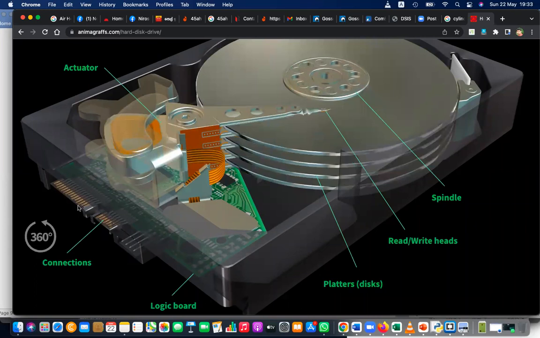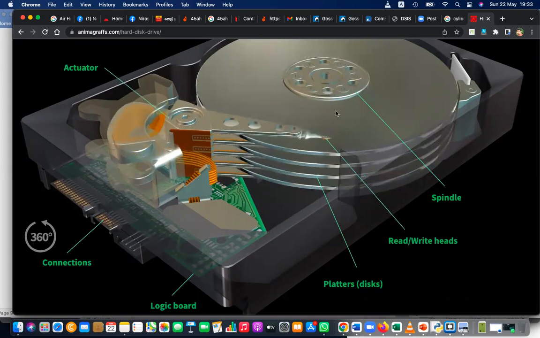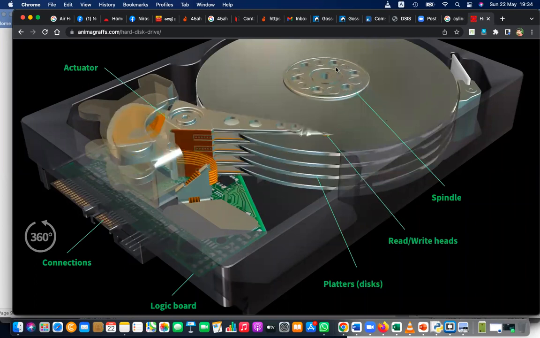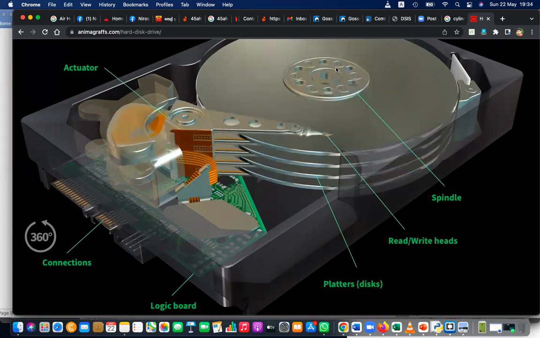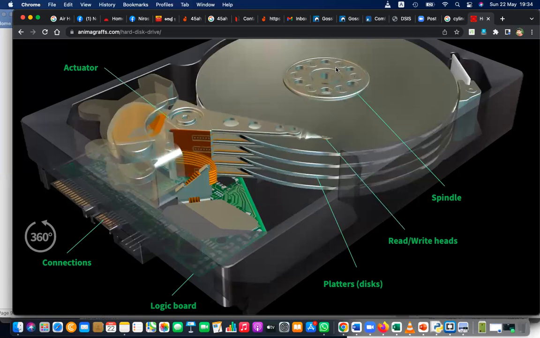The hard disk is given power and data, and there is a logic board to control it. The head is capable of reading and writing, and the hard disk is rotating a fixed number of times per minute. That is called revolutions per minute. It's not rounds per minute.